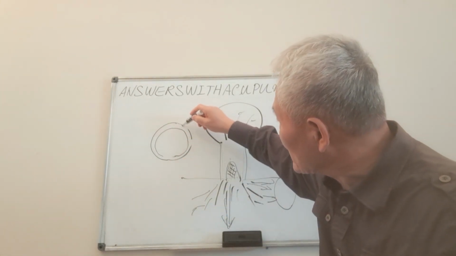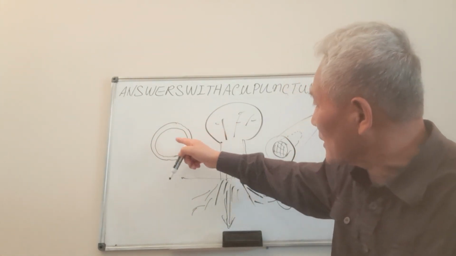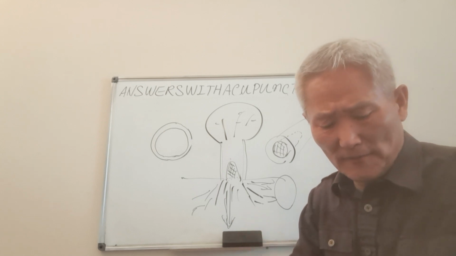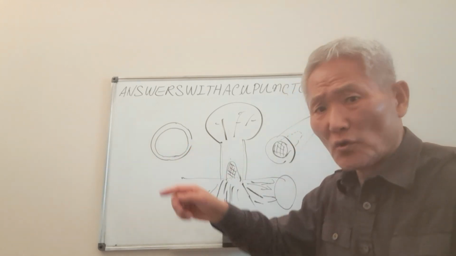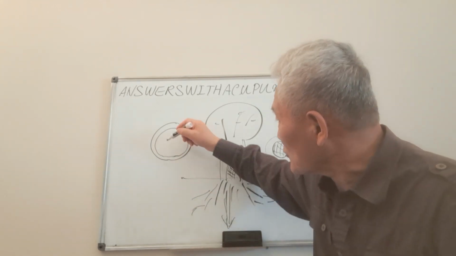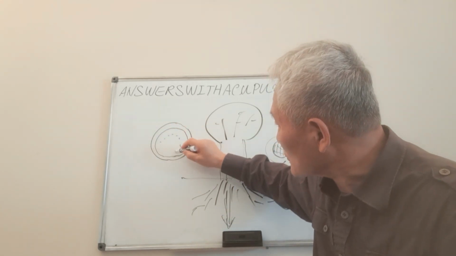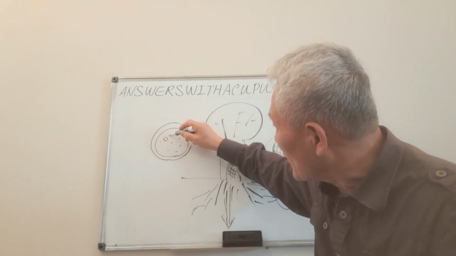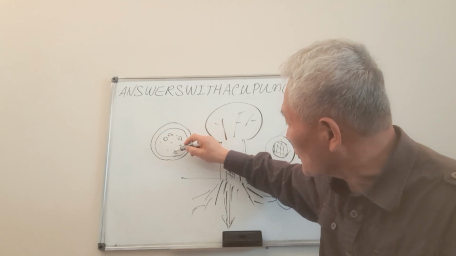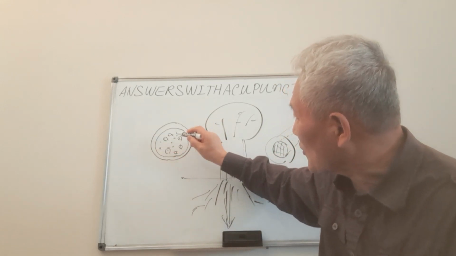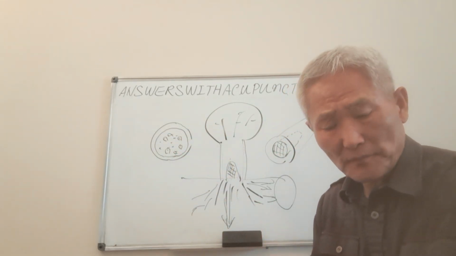okay, let's say this is a bone. All the bone pictures look just like this, with a bigger hole instead of this small hole.